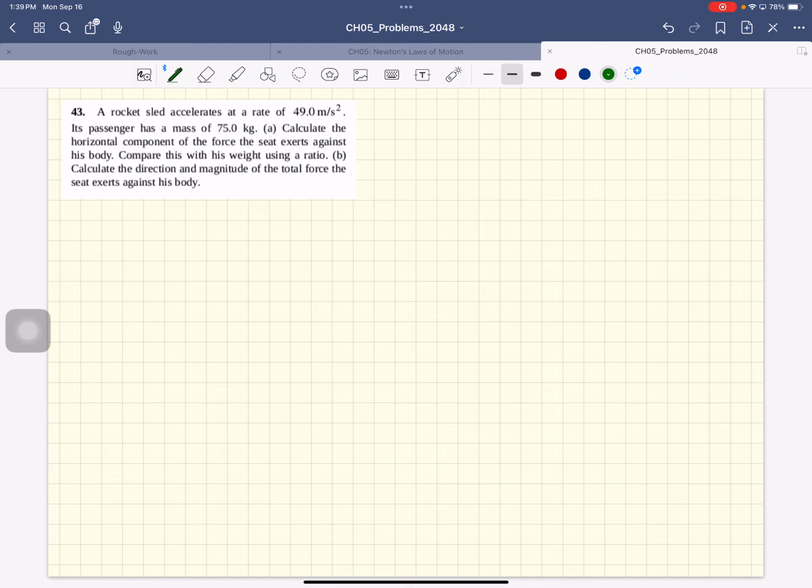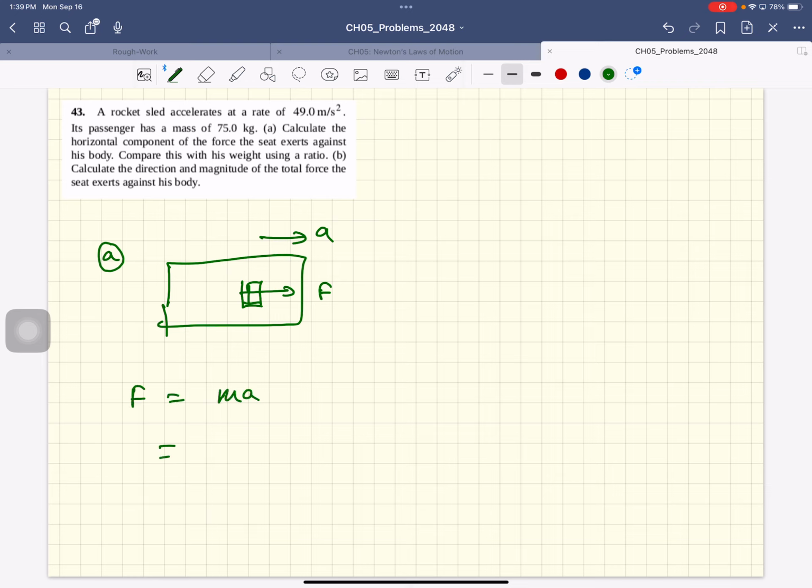Okay, so that's the force that the seat exerts on his body, and this is just m times a, and the acceleration is 49 meters per second squared, which is, you can calculate the numbers, but this is 5 mg.